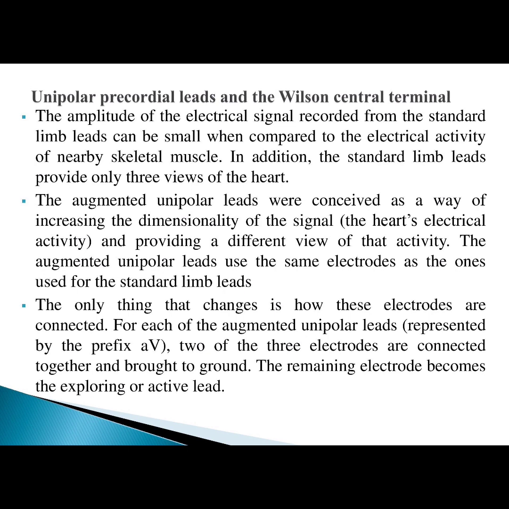The augmented unipolar leads use the same electrodes as those used for the standard limb leads. The only thing that changes is how these electrodes are connected. For each of the augmented unipolar limb leads, represented by the prefix AV, two or three electrodes are connected together and brought to ground. The remaining electrode becomes the exploring or active lead.